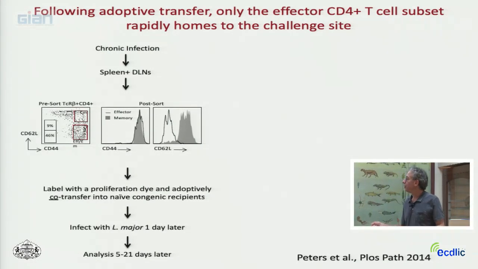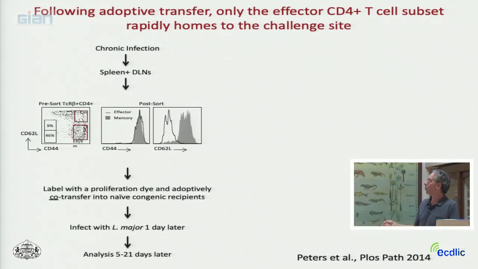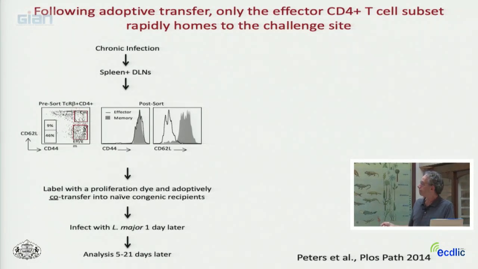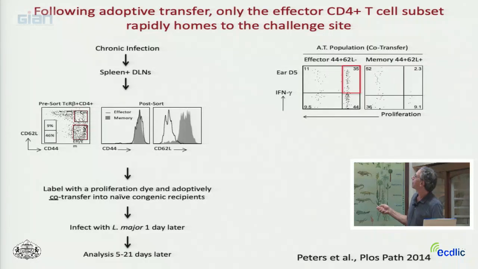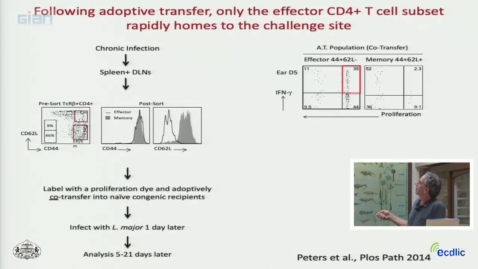And then you infect those mice 1 day later, and you look for the recruitment of those cells to the challenge site, and you look for protection. So the first thing you'll see, these are the recipient mice that have received the effector cells, the CD44 positive CD62L low cells, and been challenged, and then we're looking 5 days after challenge.